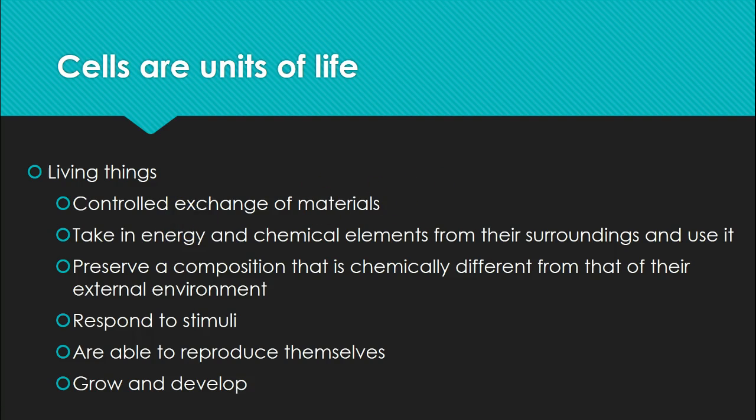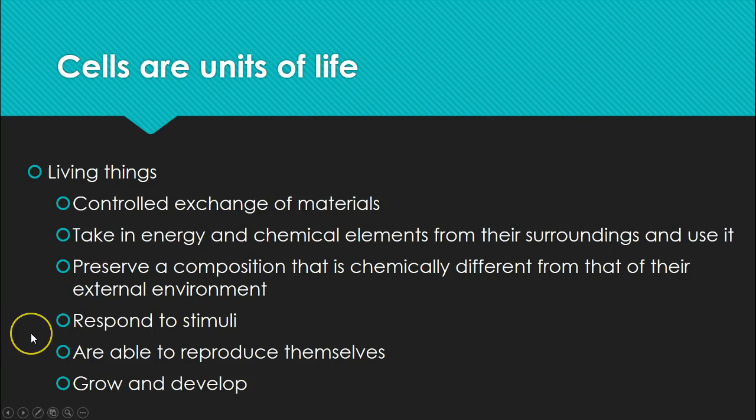They could take in energy and chemical elements from their surroundings, such as the food that they eat, and they were able to use that, or the sunlight converted into chemical energy that we see in photosynthesis. They're able to preserve a composition that is chemically different from that of their external environment. So they're able to, again, control the exchange of materials and preserve that composition.